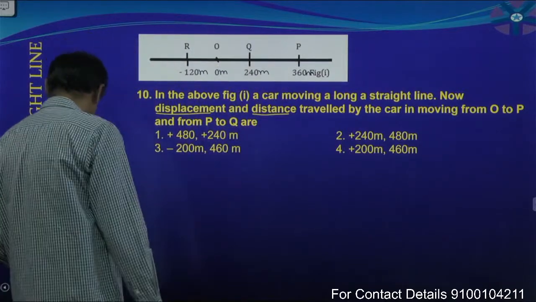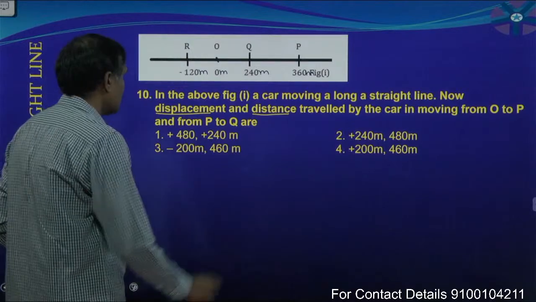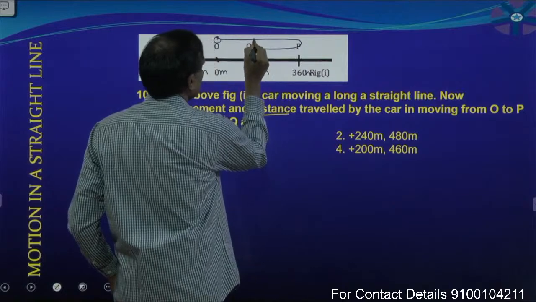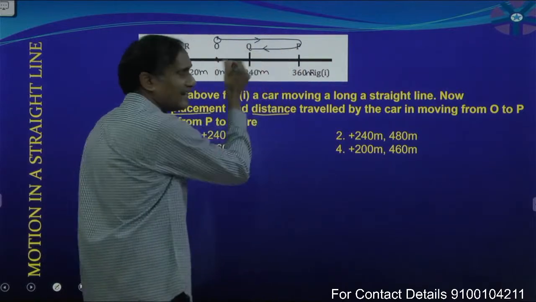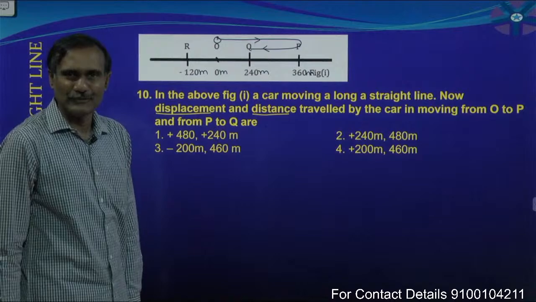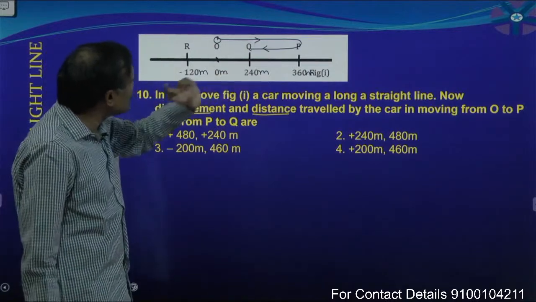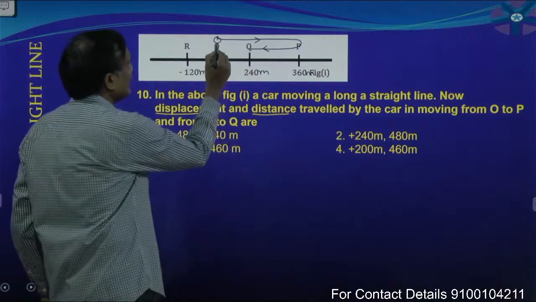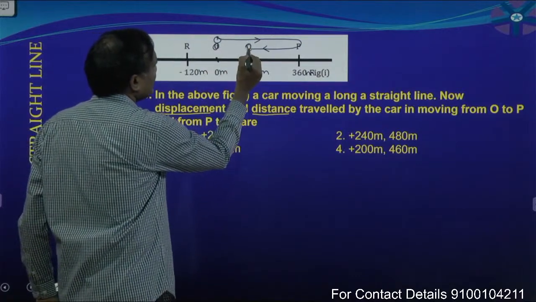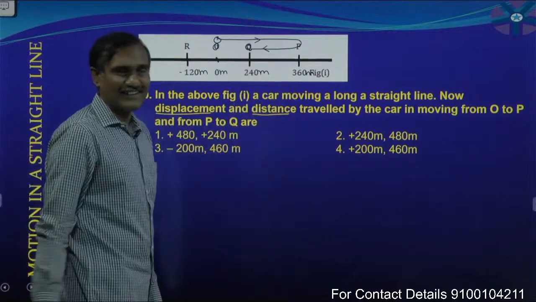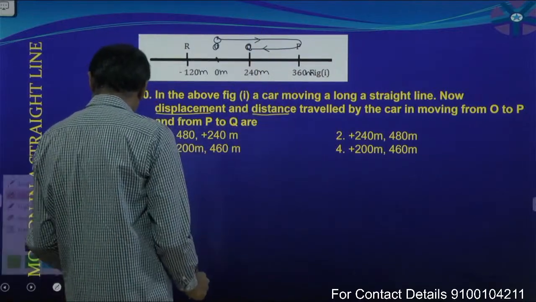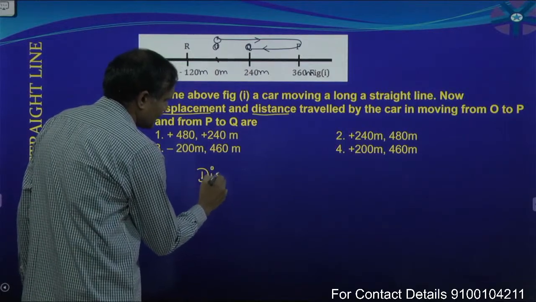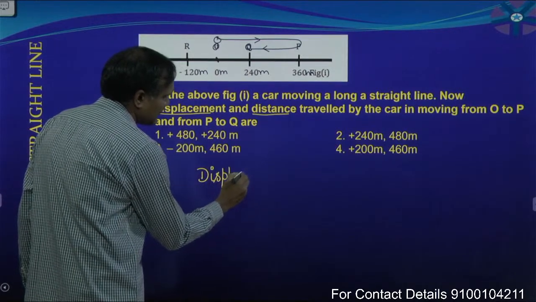Okay? Listen to me. It travels from O to P and then P to Q, and then it reaches Q. That is, its final position is Q, initial position O. Now, we want to calculate the displacement covered by the particle.